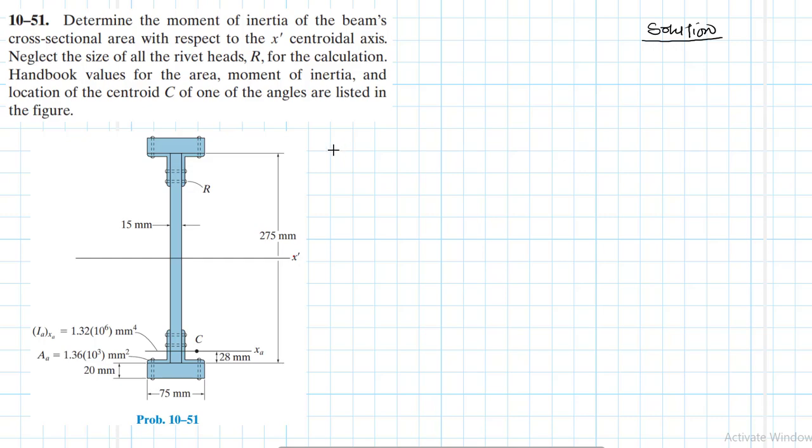Mathematically, moment of inertia about the x-axis is defined as I sub x equals integral of y squared dA, and moment of inertia about the y-axis is defined as I sub y equals integral of x squared dA.